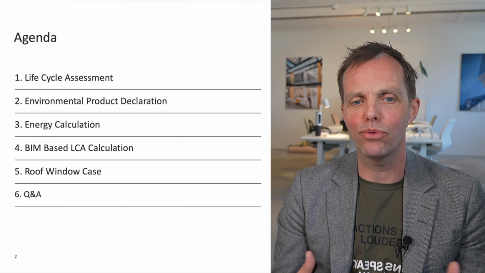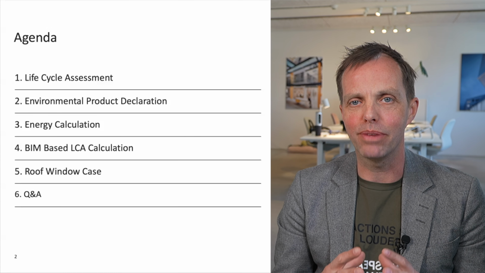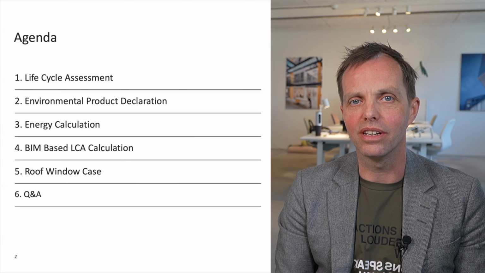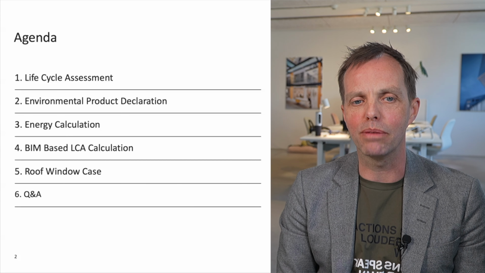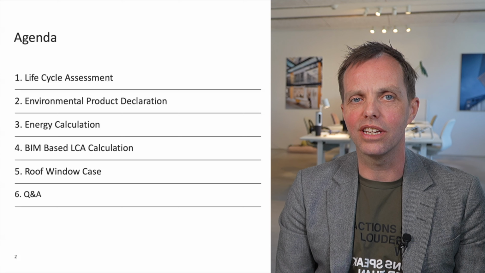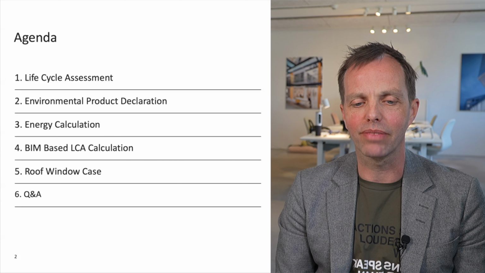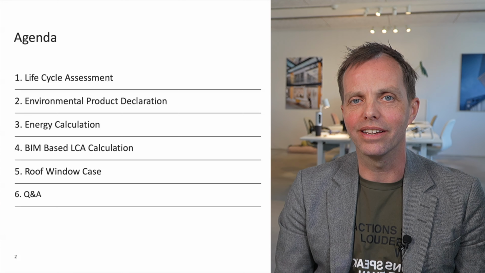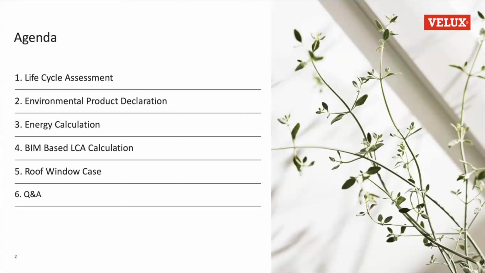And then we bring everything together in the BIM model and carry on with a full LCA calculation directly in the BIM project. And then in the end, we're going to check out some roof windows and see how different product configurations of windows will impact the LCA. That will take around 1 hour, and hopefully this time we have room for some questions before we wrap up and leave it for the next 2 webinars.